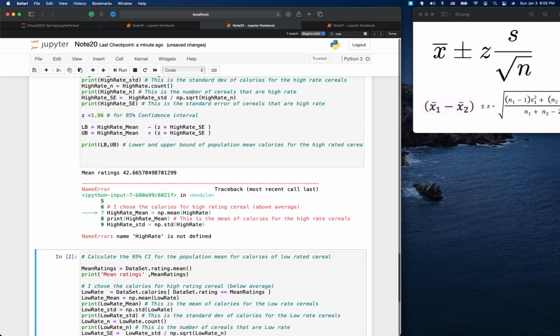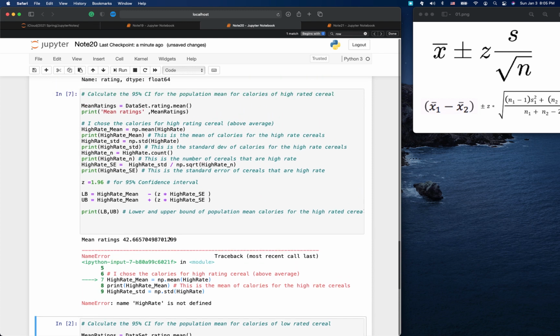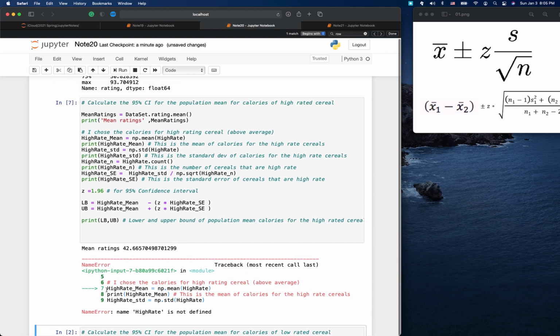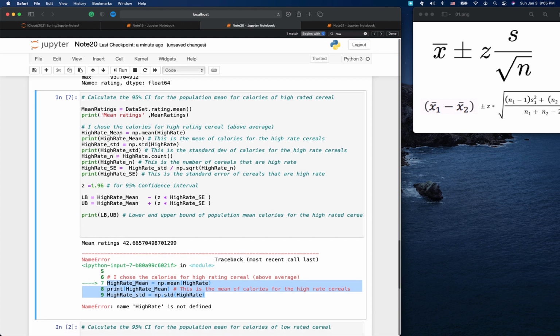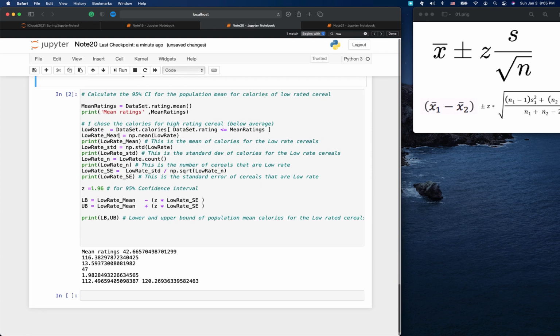Here high rated, so now what is the wrong thing here? In line 7, high rate mean, and high rate is not defined. Why? Oh my God, did I even remove that line? I think I did.